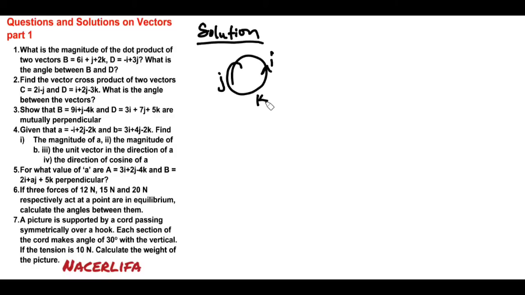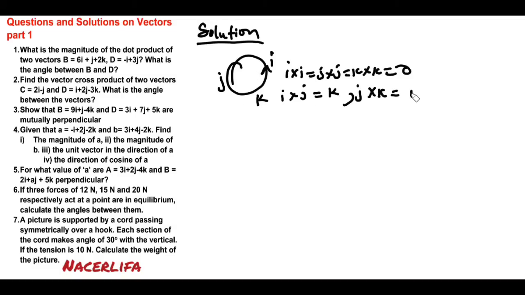This relationship holds: if we cross I, cross J, and cross K, it gives 0. But if we cross I in this direction now, I cross J, it gives us K. If we cross J and K, it gives us I, and so on.